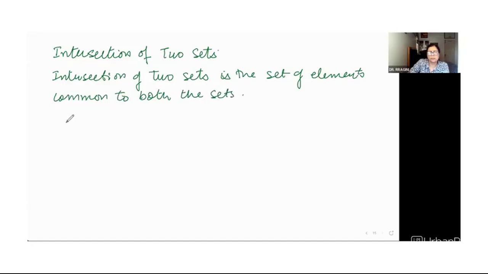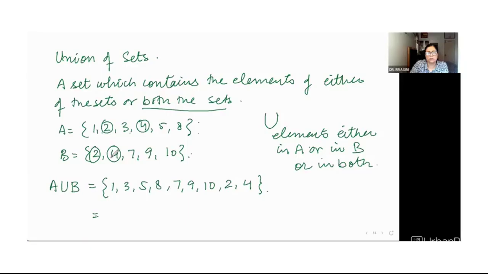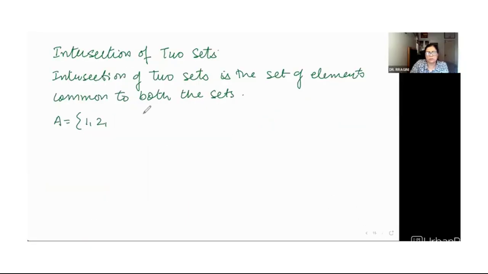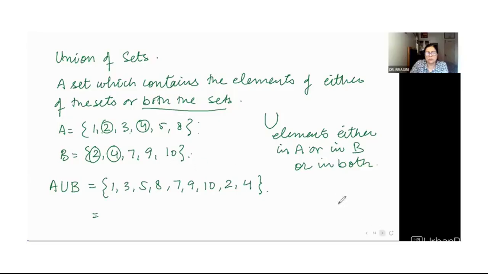If I'm taking the same example, A is 1, 2, 3, 4, 5, 8, B is 2, 4, 7, 9, 10.